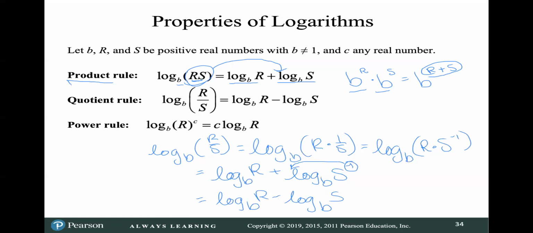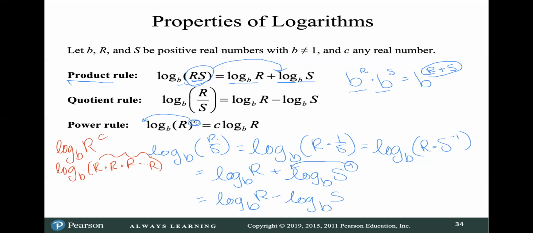The power rule says if my argument is raised to a power, so this is r to the c, the power can be written out front. And let's look at this again in the light of the product rule. If I have log base b of r to the c, I can say that's log base b of r times r, c times.